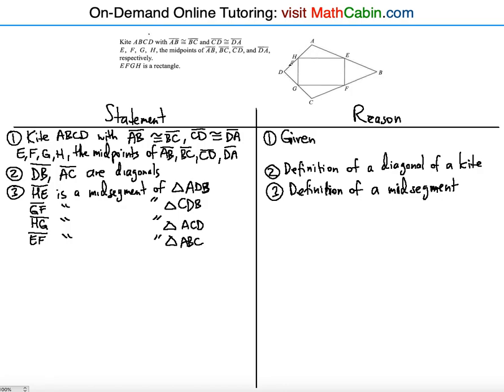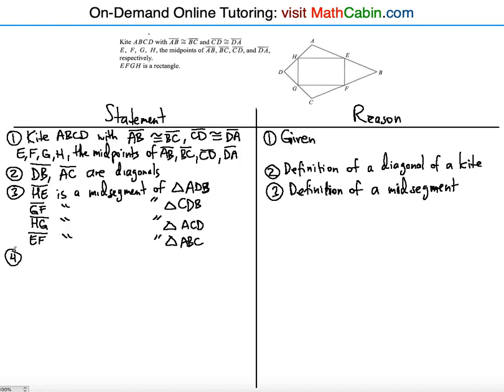Notice that AD is adjacent to AB. Each of these adjacent sides has a midpoint, and if you connect these midpoints, you get a mid-segment. That's what a mid-segment is. And a mid-segment also happens to be parallel to the third side of the triangle. That's another property that we're going to use in this proof. So this is the definition of a mid-segment.